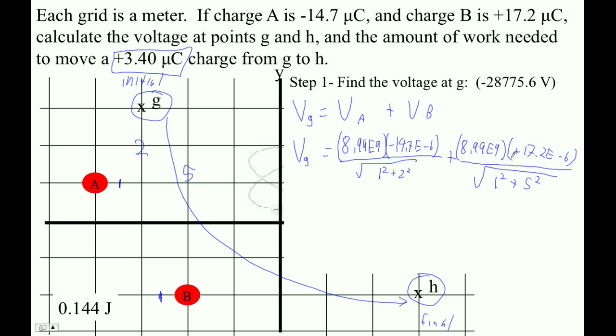And then the second one is 8.99 times 17.2 E minus 6, divided by the square root of left parenthesis 1 squared plus 5 squared. Ta-da. I'm going to store that in G.